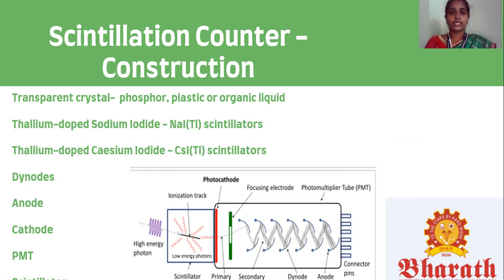Then it has a sensitive photodetector, usually a photomultiplier tube, a charge coupled device (CCD) camera, or a photodiode, which converts the light to an electrical signal, and electronics to process the signal.